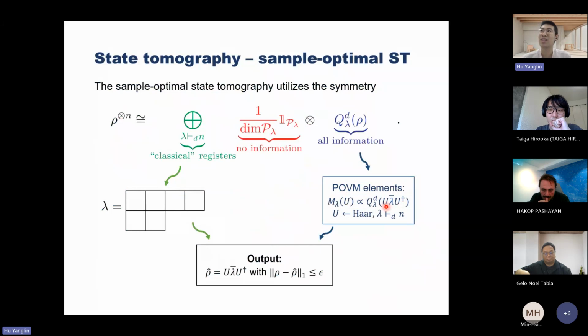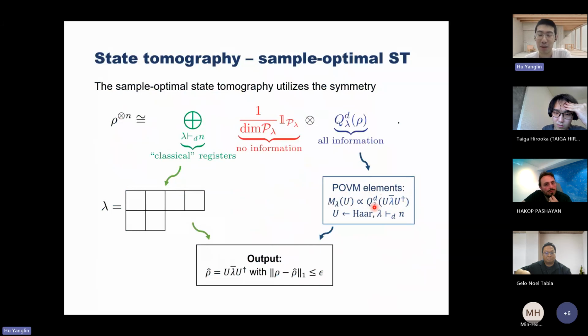And also you know that, for this Q lambda d subspace, any state on this subspace has a much larger number of unknown variables than this U lambda bar U dagger, because this U only has unknown elements which is d squared, but for an arbitrary state on this subspace, the number of unknown variables should be d to the power of n, something like that.